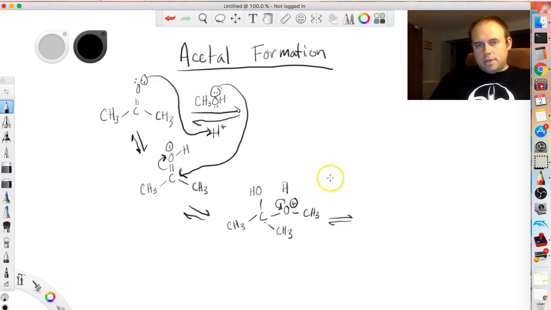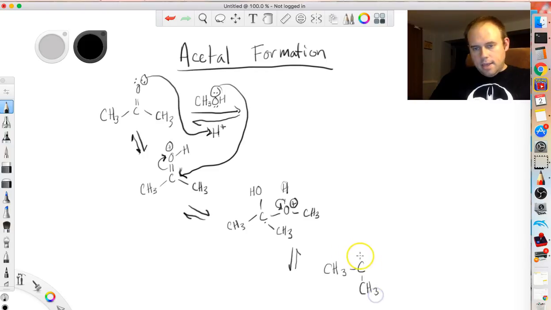If that happens, you're going to end up with this somewhat stable intermediate form, where the ketone portion has turned into an alcohol, and I have the additional OCH3 portion.